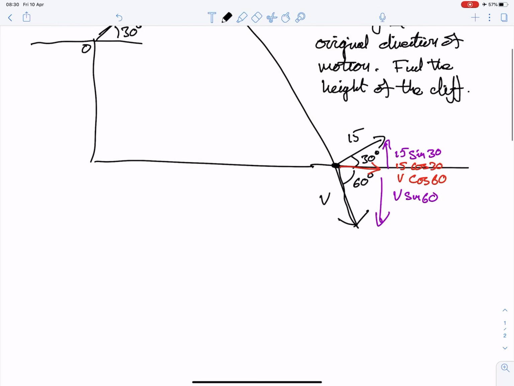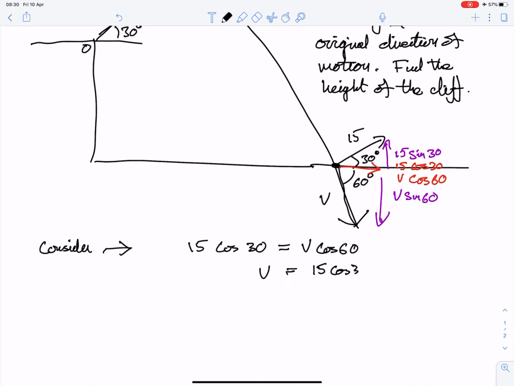So if we consider the horizontal speed, 15 cos of 30 must equal V cos of 60, because there's no horizontal acceleration. So V is equal to 15 cos of 30 over cos of 60.